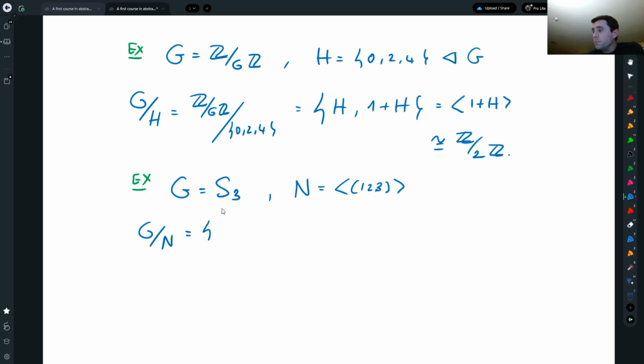There is N, and there is in fact only one more coset, which is the one we get when we multiply by (1 2). N is the subgroup generated by (1 2 3), so it is the identity, (1 2 3), and (1 3 2). While this other coset is the one with the elements of order 2: (1 2), (1 3), (2 3).